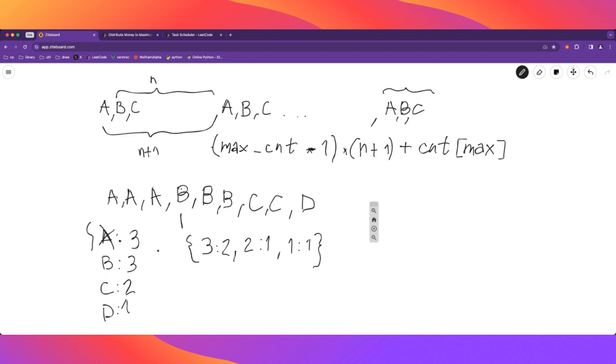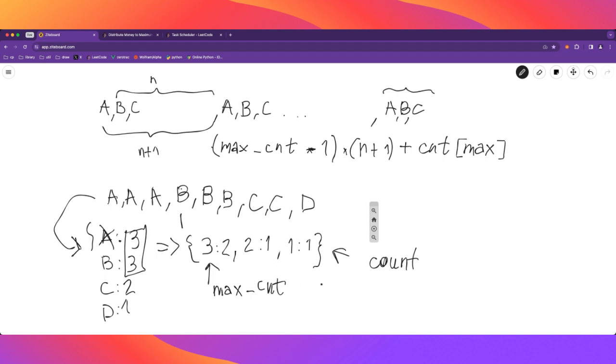So we first count this, and then we count this. From this we get this. And now I want to get the maximum key, which is the max count, right? A and B are the ones that occur the maximum times. So I'm calling this count, right?